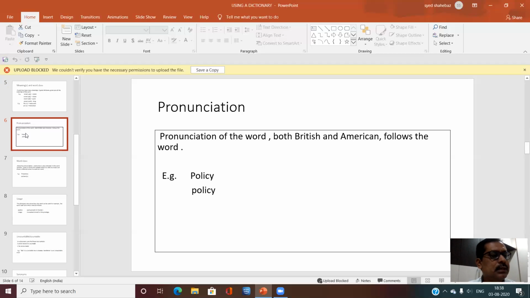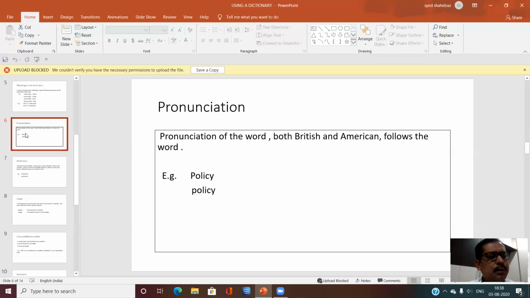the word policy. Let us see the first order. British pronunciation: it is pronounced like policy. That is the British pronunciation.